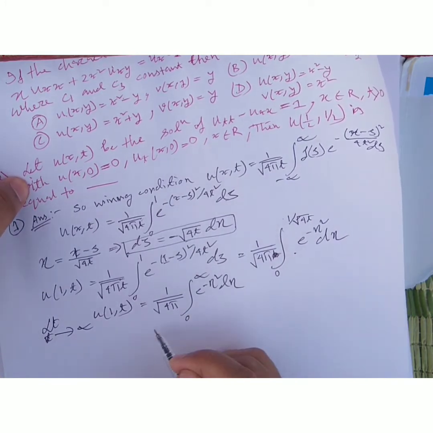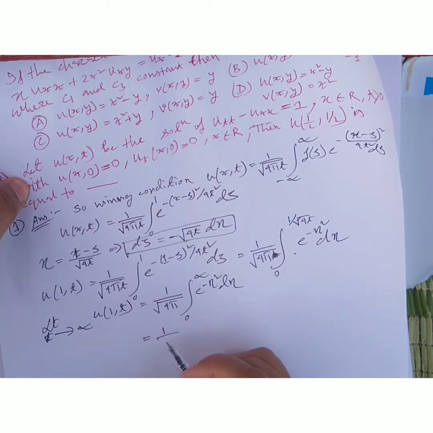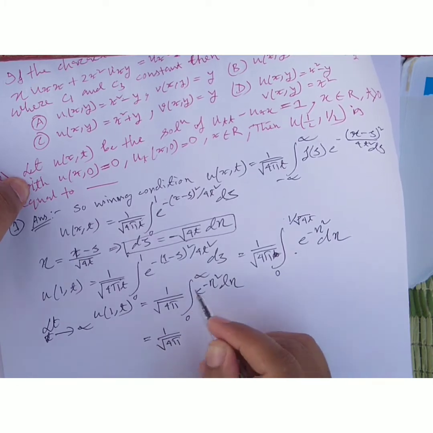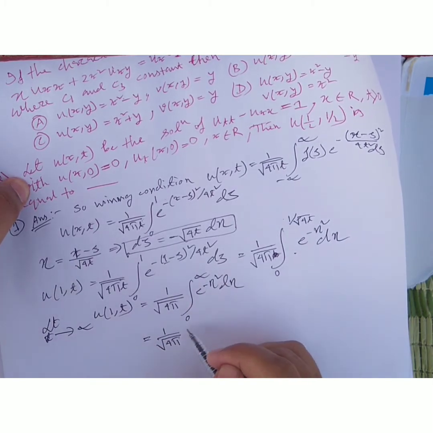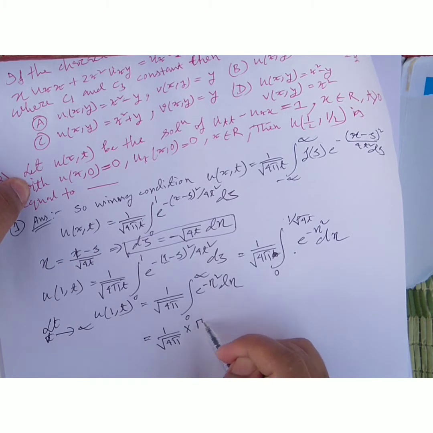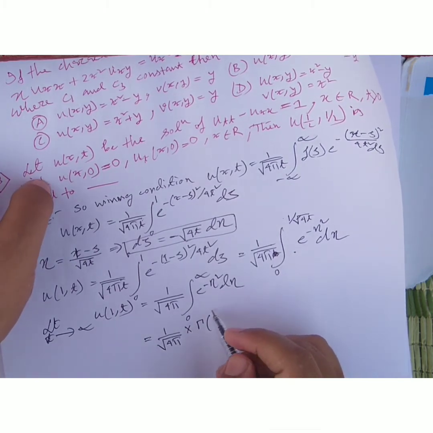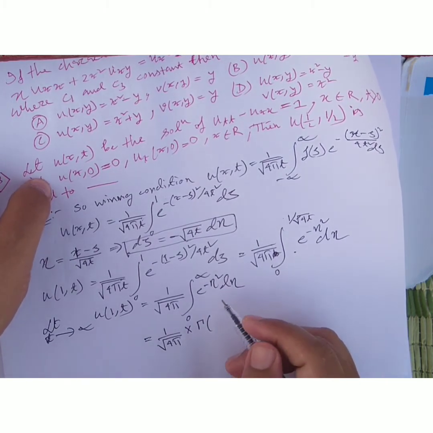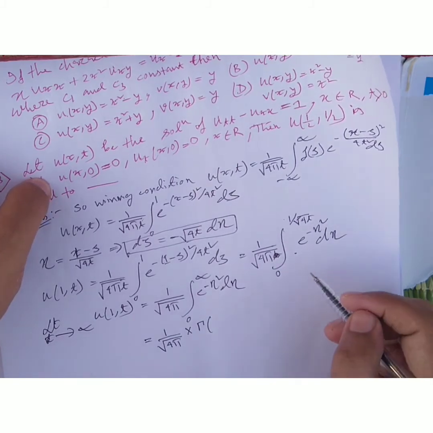So I get the value 1 by root π, and e to the power minus eta square means it is the gamma function.